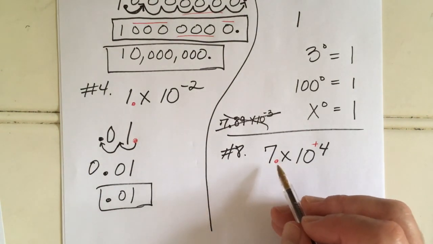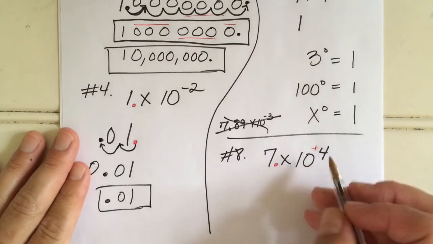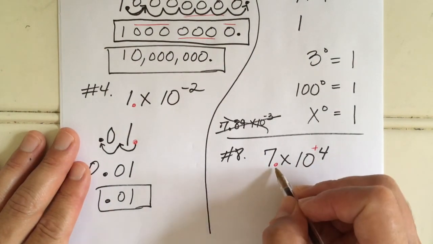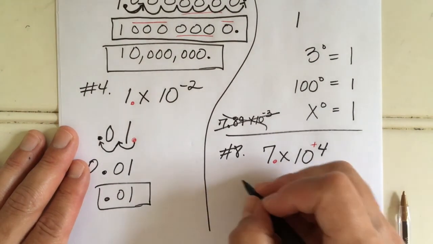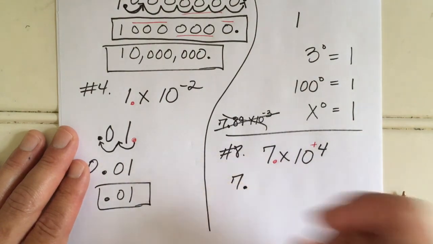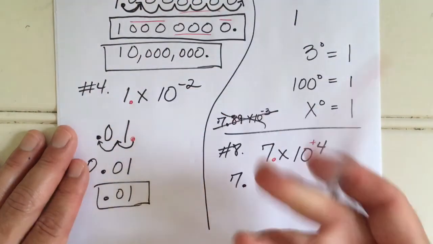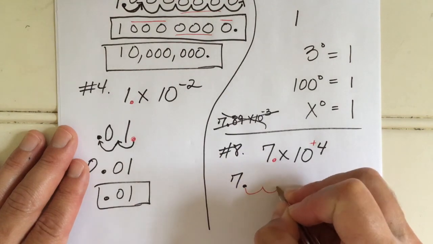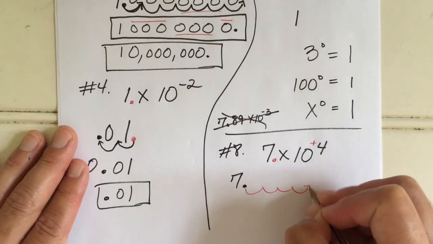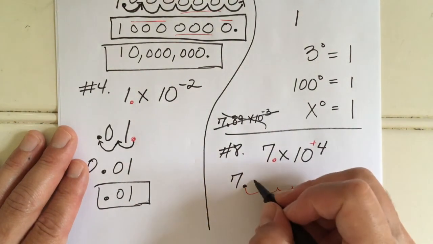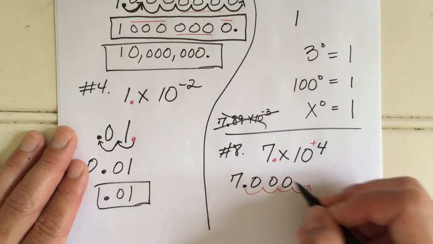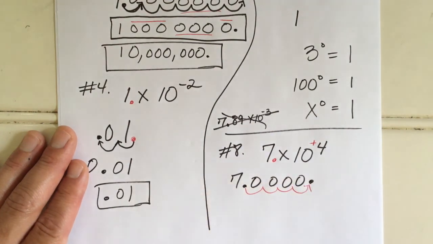That's going to make it smaller, so I'm going to move it to the right, 4 times. So at 7, I'm going to move this 1, 2, 3, 4, and therefore I get to add 1, 2, 3, 4 zeros, and draw my new decimal point in.